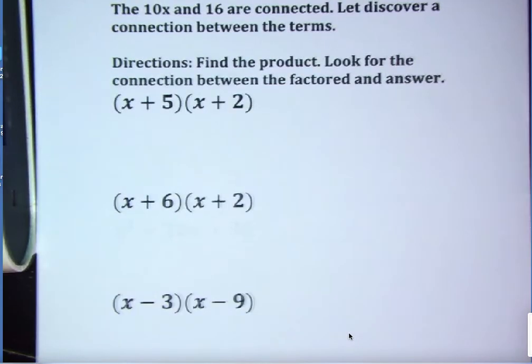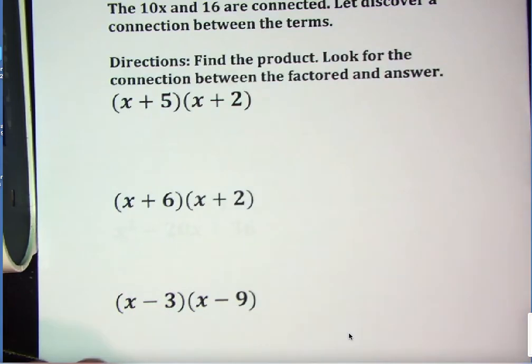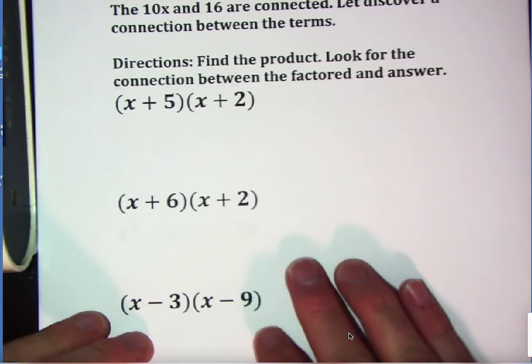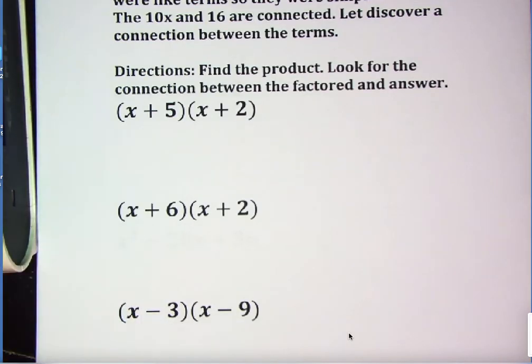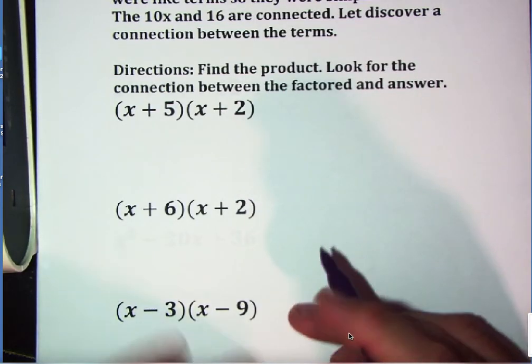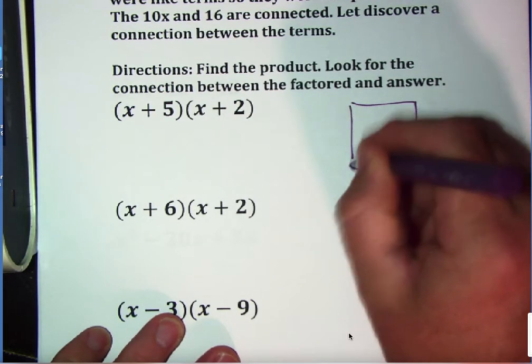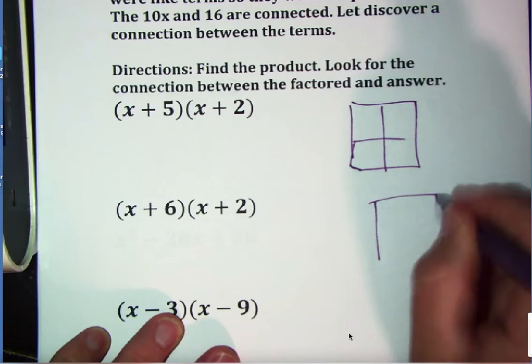So I would like you to multiply all of these, see what you get, and then look for the connection between what's in the parentheses and what you end up with. Okay. Pause it. I'm going to do the error model for all of these.